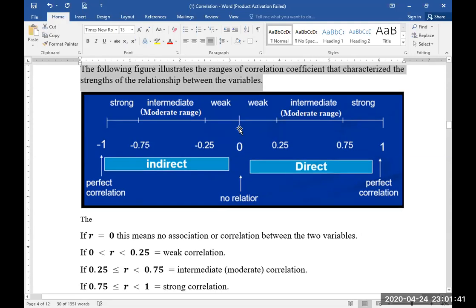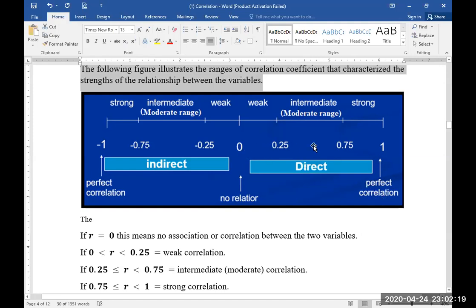If the correlation coefficient between the two variables ranges from 0 to 0.25, there is a weak relationship. If it is between 0.25 and 0.75, the range characterizes an intermediate or moderate relationship. 0.75 to 1 characterizes a strong relationship between the variables. And if the correlation coefficient is 1, this means there is a perfect correlation.